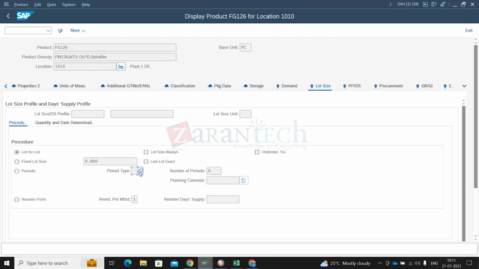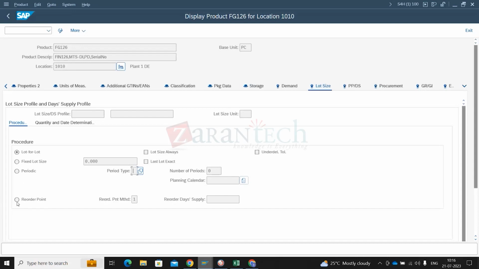It means that you are getting a demand of 10,000 every week, but you have defined a periodic lot size that you will produce this product only once a month. Then whatever is the demand for that entire month, it would club together and create just one planned order. It will not produce multiple times. So that is periodic lot.